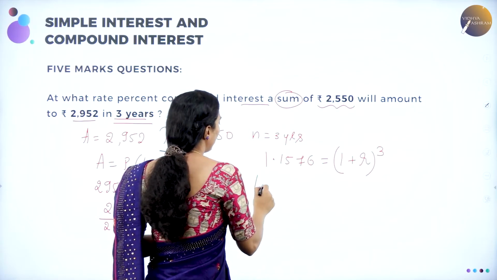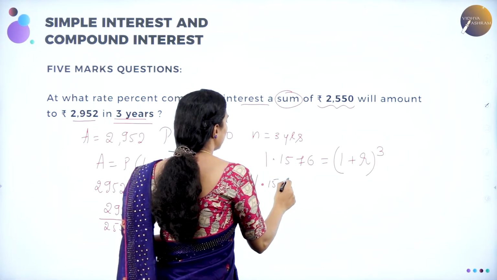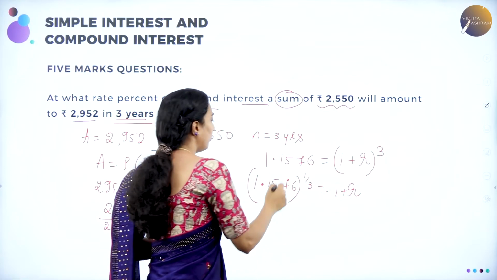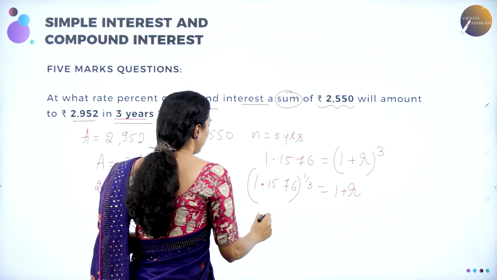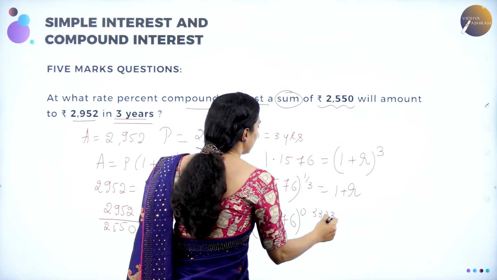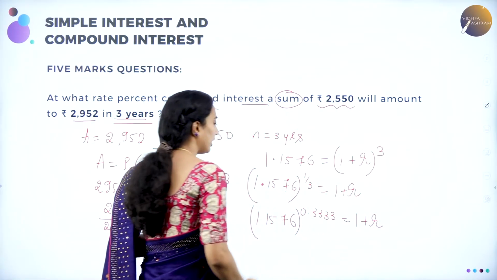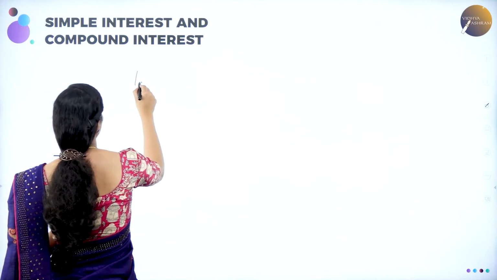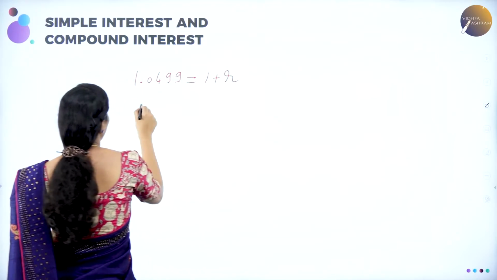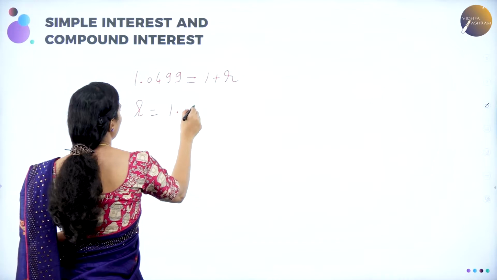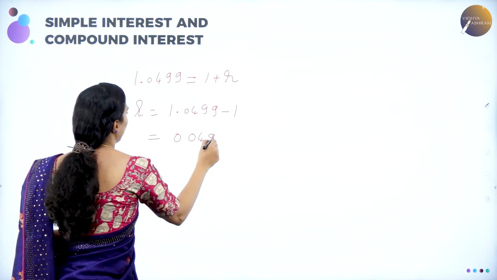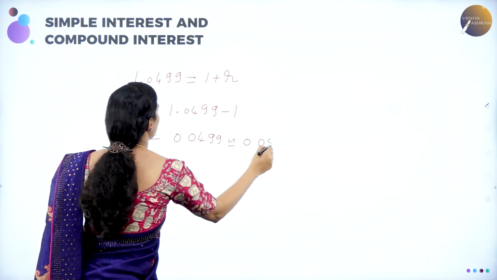What happens? 1.1576 whole to the power of 1 by 3 is equal to 1 plus R. Now 1 by 3 is 0.3333. 1.1576 whole to the power of 0.3333 is equal to 1 plus R. Let me calculate this one, which will be equal to 1.0499 is equal to 1 plus R. Now R will be equal to 1.0499 minus 1, which is 0.0499, approximately 0.05.